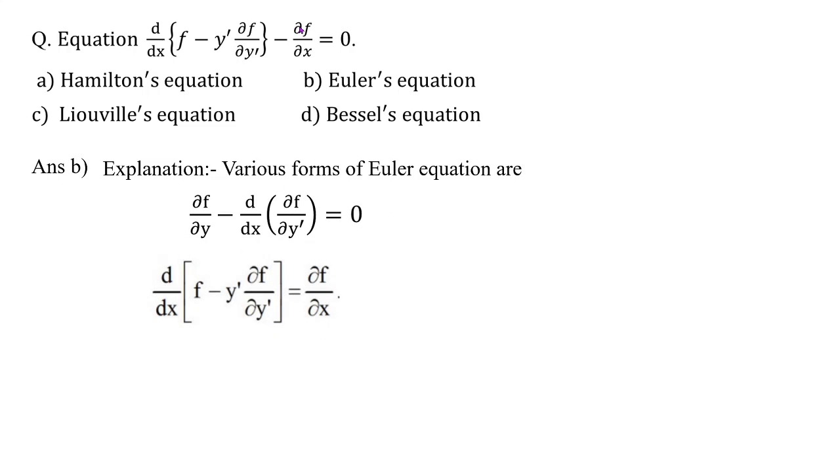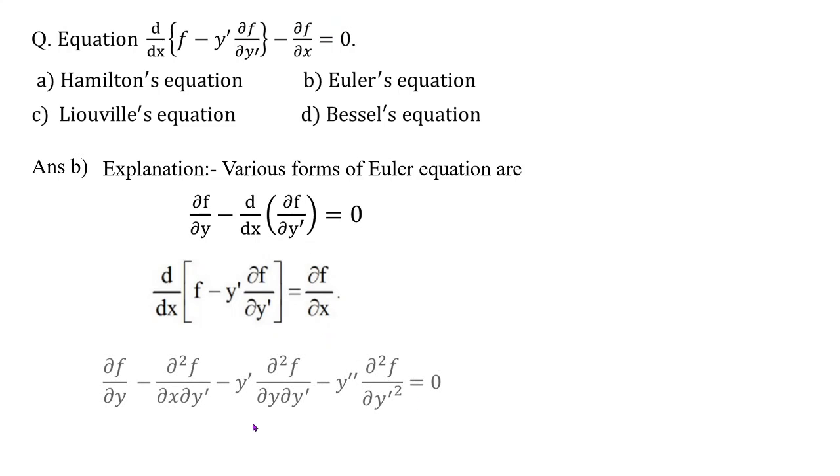If you observe carefully, this can be written in this form. We have one more form of the Euler equation, this one. So we have three different forms of the Euler equation. Questions may be asked on any of these three forms, so learners are expected to remember them. This is the Euler equation, so option B is the correct one.